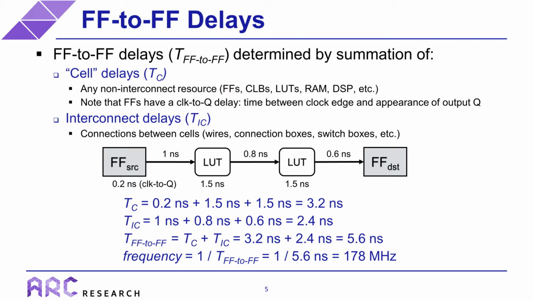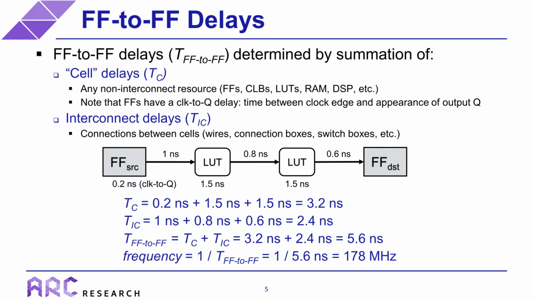So let's take a look at the example on this slide where we have a total cell delay of 3.2 nanoseconds, which comes from the 0.2 nanoseconds from the clock to Q of the source flip-flop and 1.5 nanoseconds from each lookup table. Similarly, we have a total interconnect delay of 2.4 nanoseconds, which comes from the delays of the 3 wires.